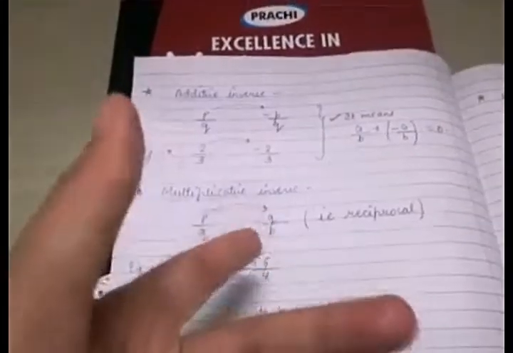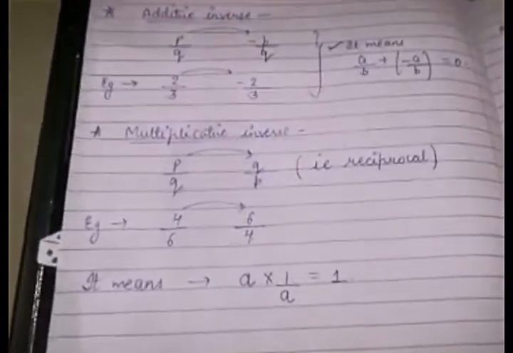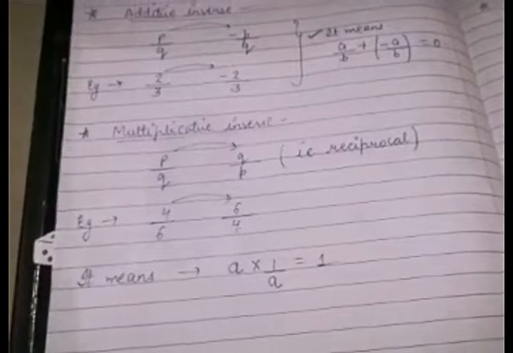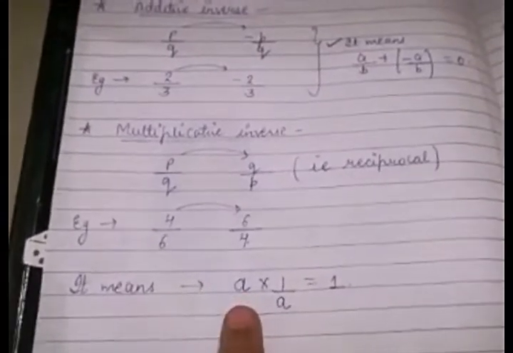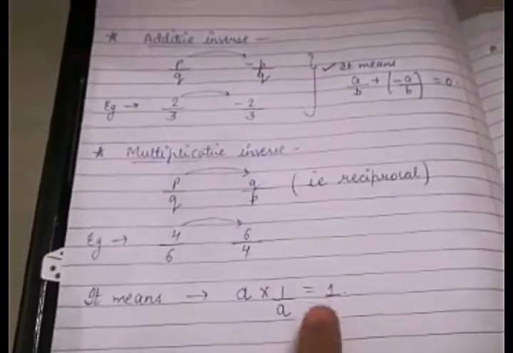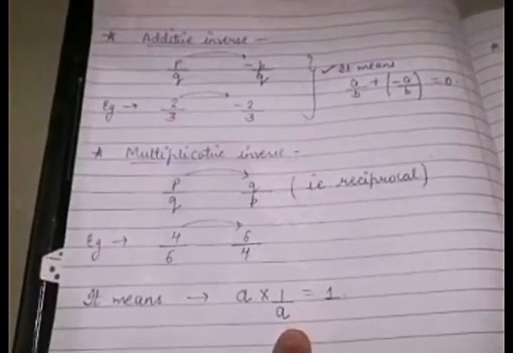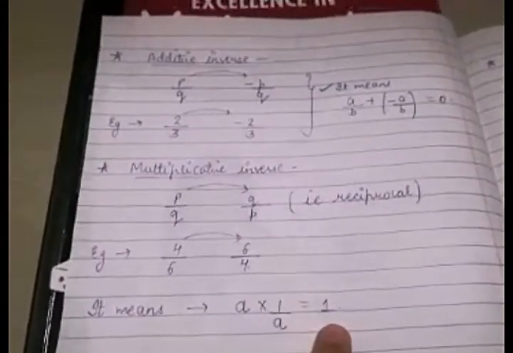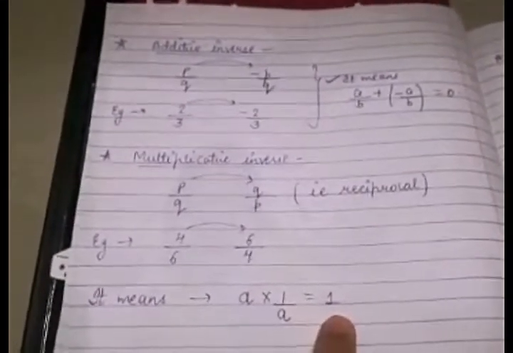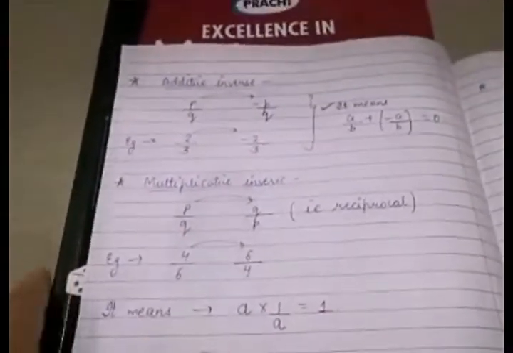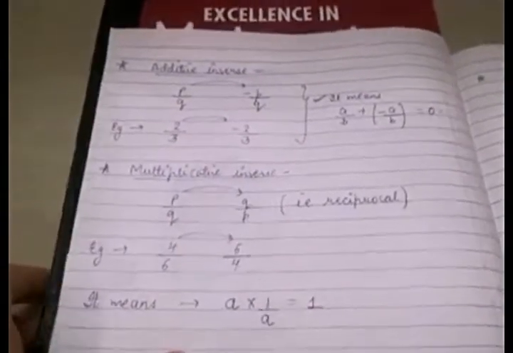Reciprocal, flipping it upside down, is the multiplicative inverse. According to this property, if any number is a, the multiplicative inverse of that number will be 1 upon a, and the product will always be 1. So this was all about additive inverse and multiplicative inverse.